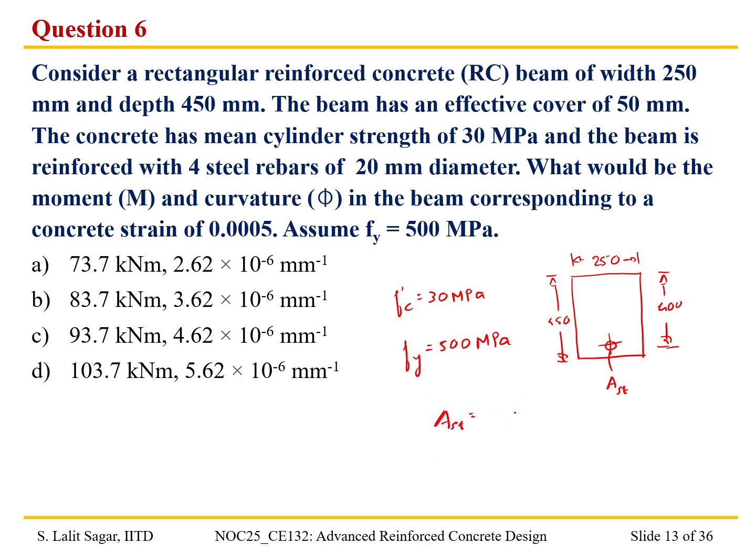AST is equal to 5 by 4 into 20 square into 4.